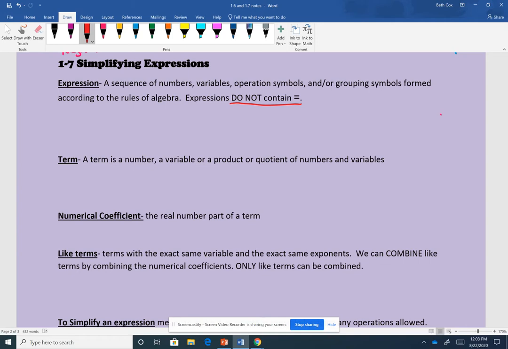So 3x plus 5 is an expression. These are just examples of expressions. 2/3 m minus 9. That's an expression. 8p to the second power plus 6 times p minus 2 in parentheses.